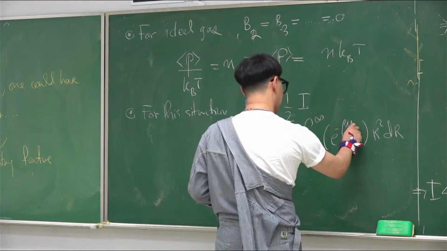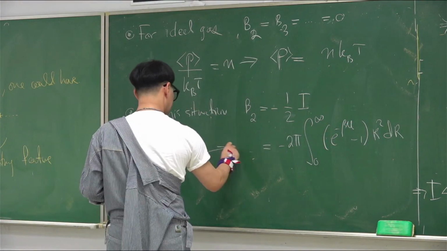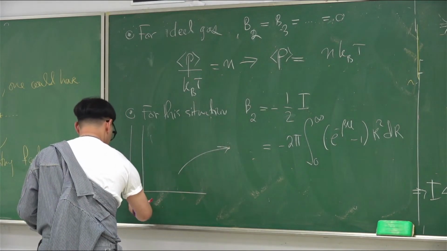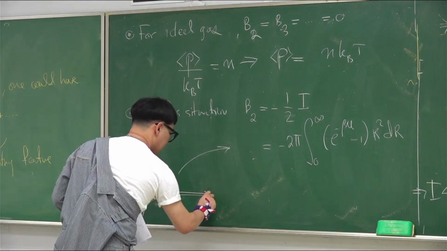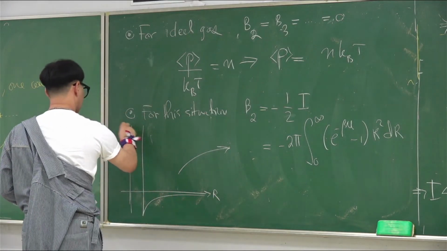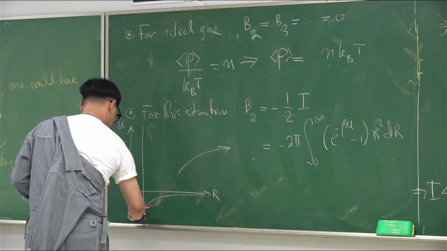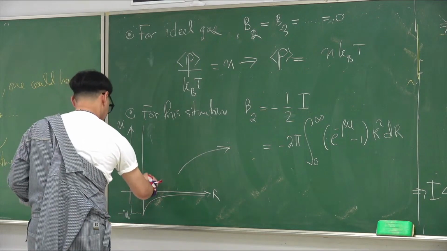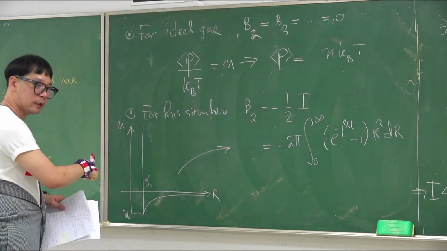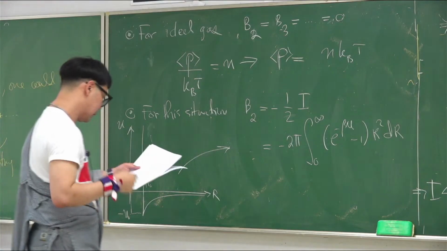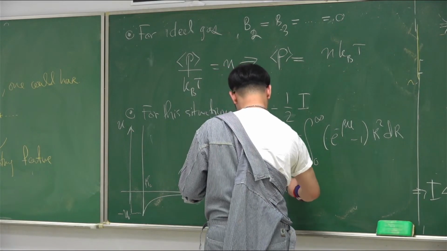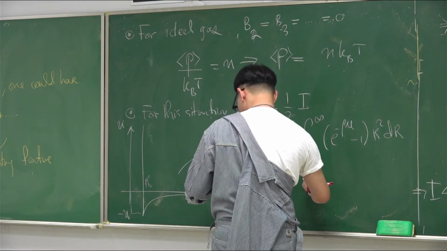and so we're going to use this kind of potential. Okay? We're going to use this kind of potential. So this can be split into two parts.